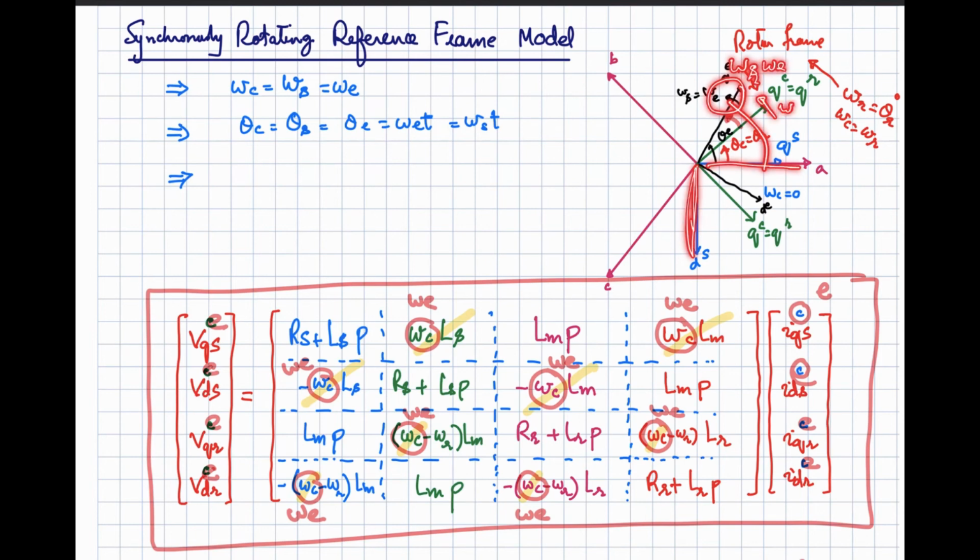So any quantity which is at the rotor, if you look at it in this frame of reference, will appear as stationary. Any quantity which is moving at the stator speed, if you look at it in the synchronously rotating frame of reference, will appear as a DC quantity. Those DC quantities can be used to design the controller in an easier way, and we will discuss that in upcoming videos related to the field oriented control or vector control of the induction motor.